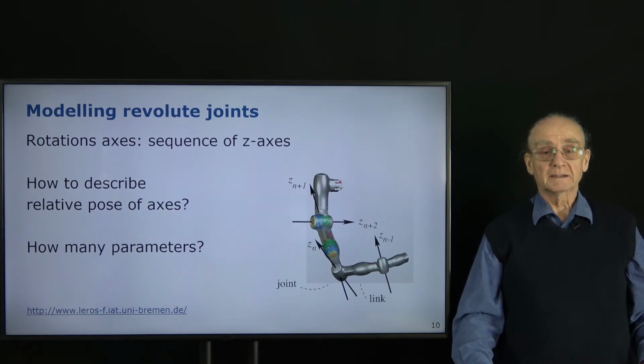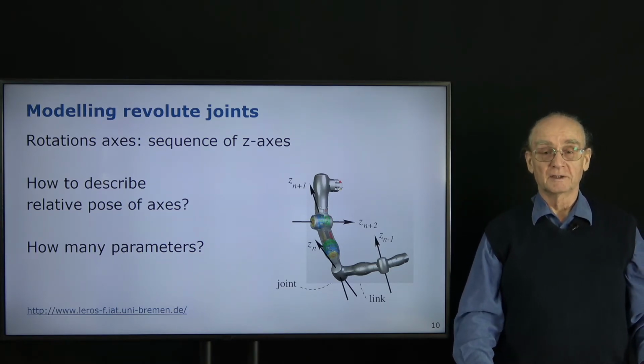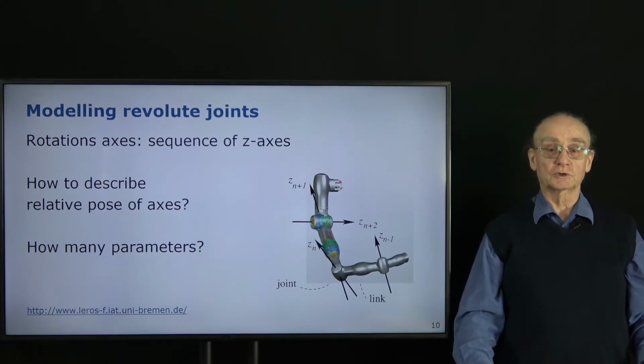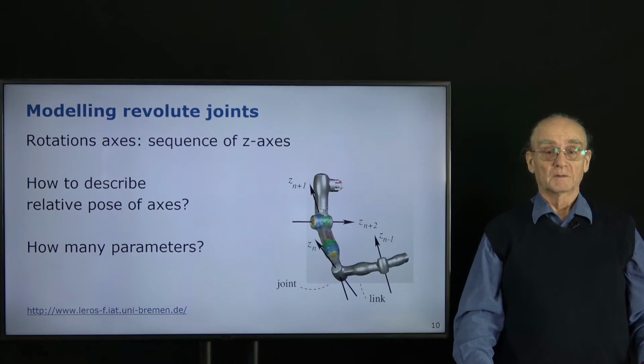If I would be in class, I would ask the students to discuss this, and after a minute I would ask them what they think is the right number of parameters. I make a list of 3, 4, 5, 6, 7, and they have to choose and they vote, and then I ask them why they chose certain numbers. So take a look, stop the video, and think about how many parameters you would need.